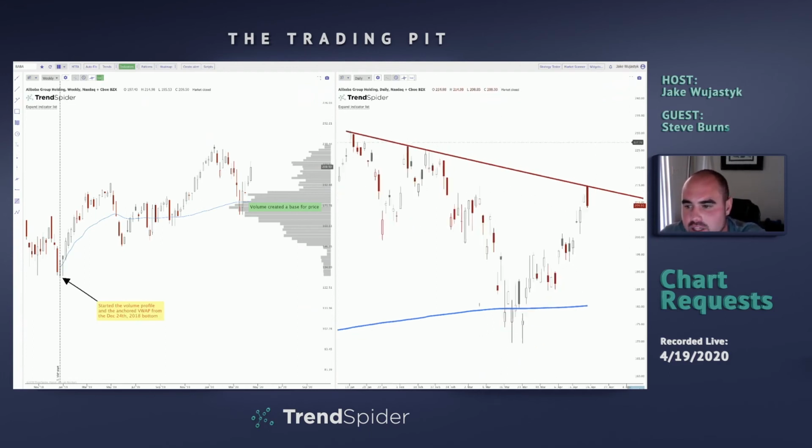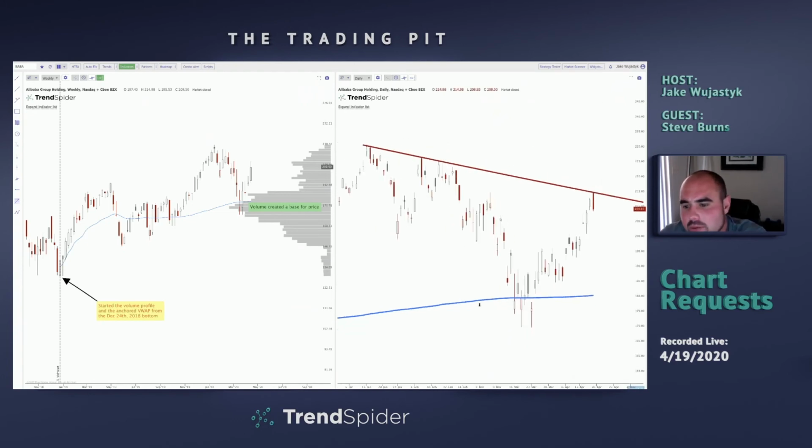Not sure if that's going to be the case into this week, but at the same time, I have no idea what's going to happen. This is simply a level, as Steve mentioned. You just have to follow your technical levels and let the market do its thing. So if this was to pull back, I would probably anchor the volume weighted average price from this point here that we bottomed at.